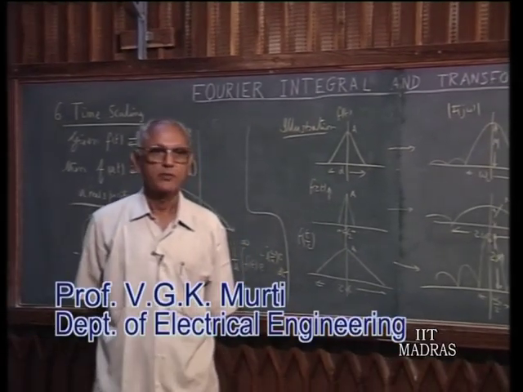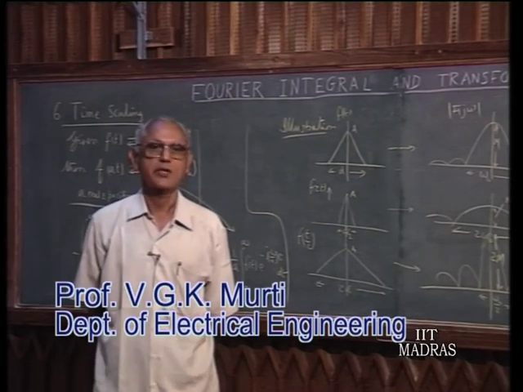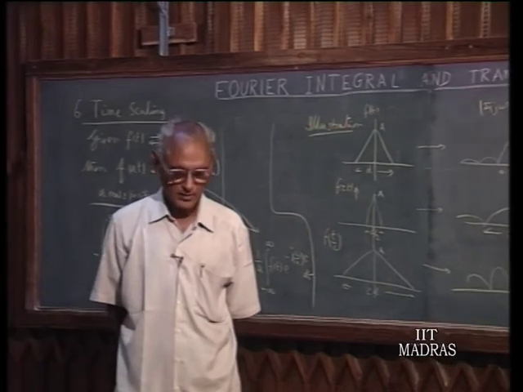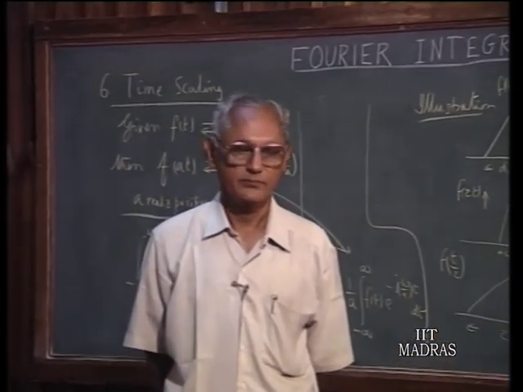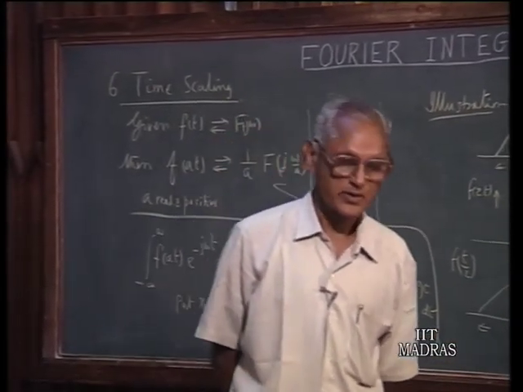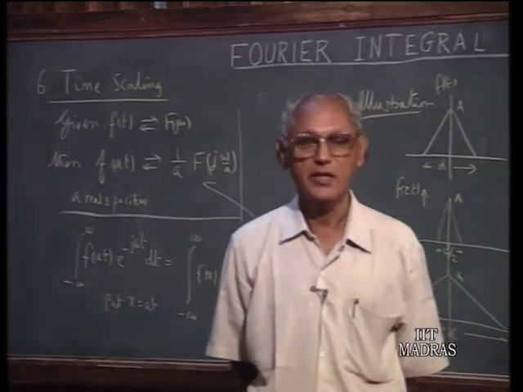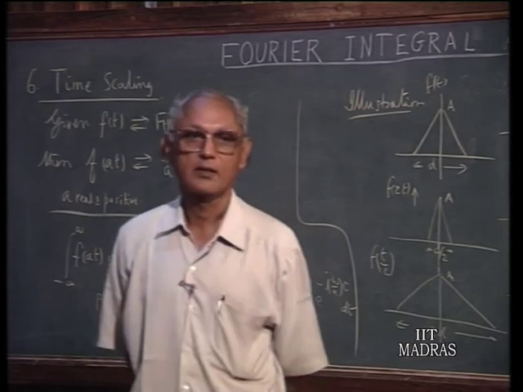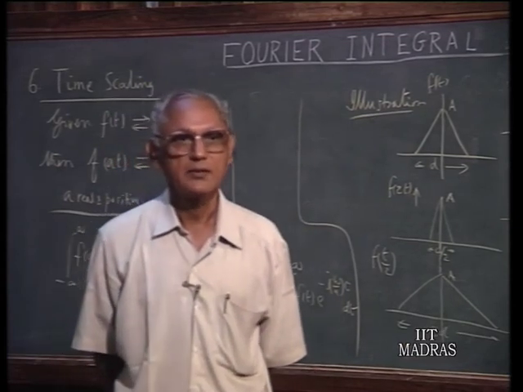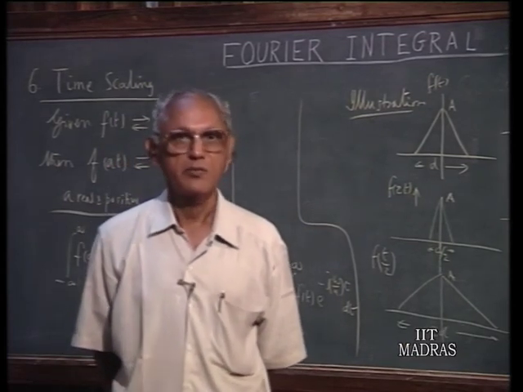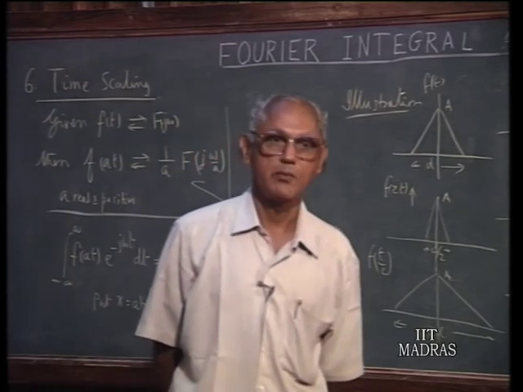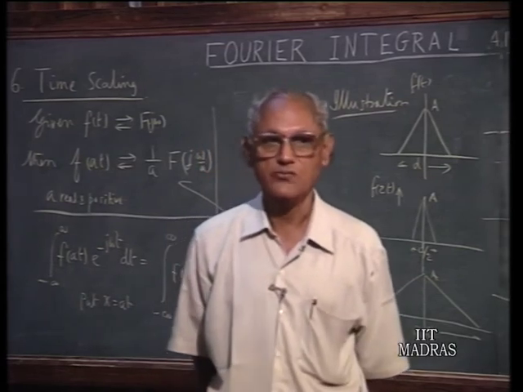So far we have studied several properties of the Fourier transform. You recall we talked about the linearity of Fourier transforms, then various operations in the time domain like translation in time domain, then multiplication by an exponential factor e to the power of j omega c t, then we talked about differentiation in time domain, then we talked about time scaling, and we talked about reversal in time domain, and saw how all these operations in time domain are reflected in the transform domain.